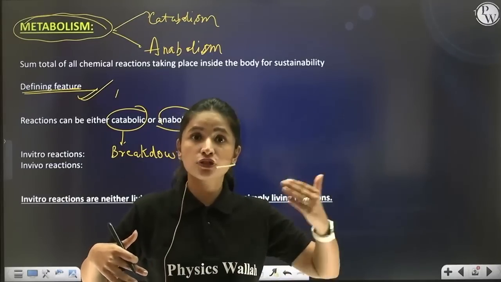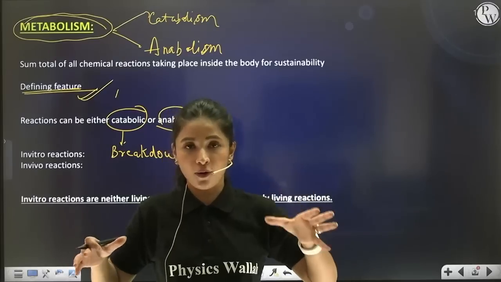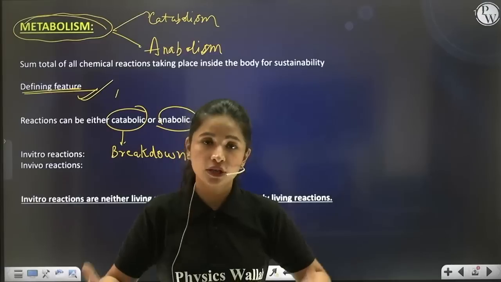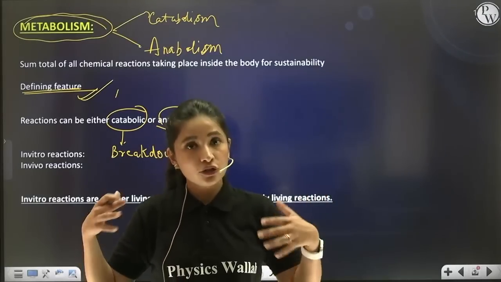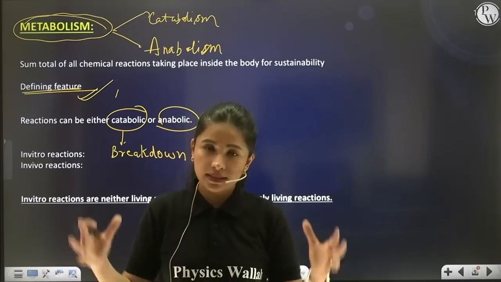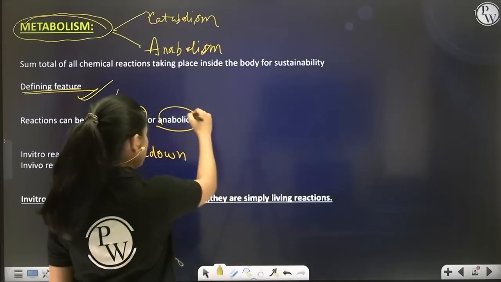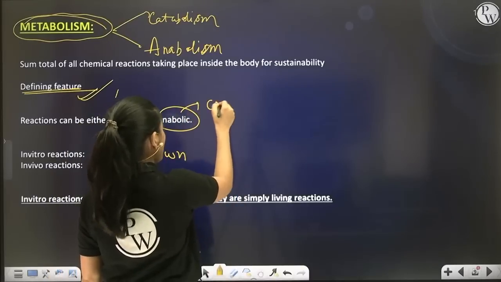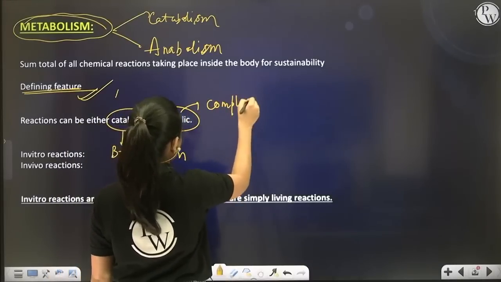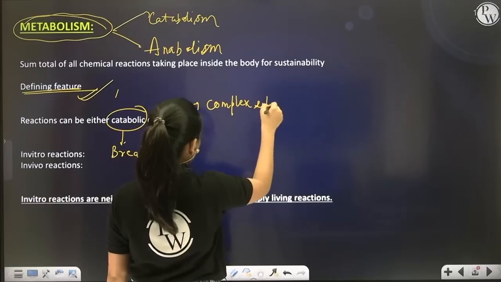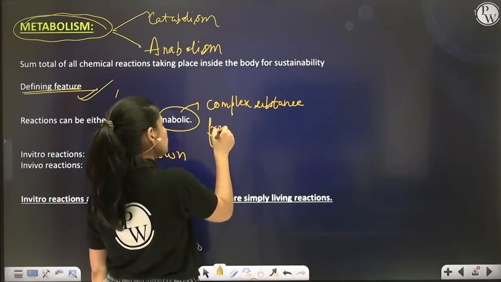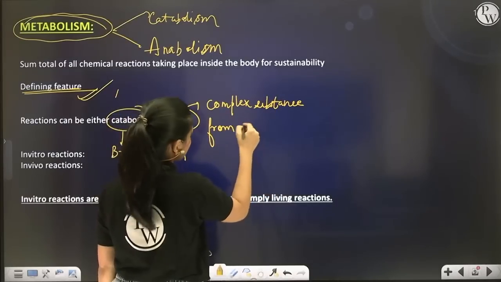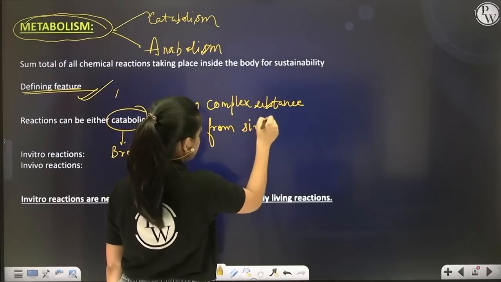There are so many steps involved in order to produce glucose from CO2 and water. Correct? So this is anabolism: the sum total of reactions which are responsible for producing a complex substance from simpler ones.